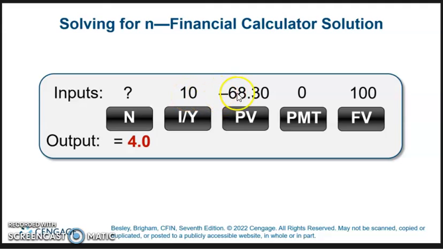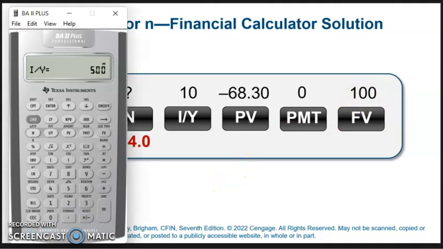10 I/Y, the present value is the $68.30 as a negative. There are no payments, 0 payments, and then $100 future value. Compute N. So clear.